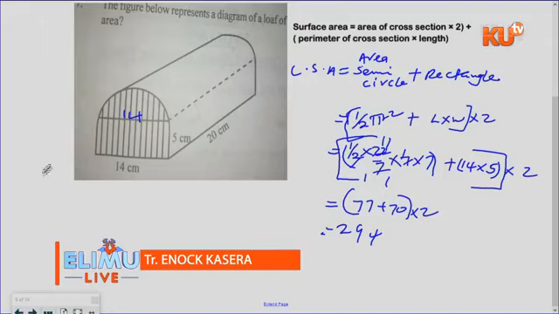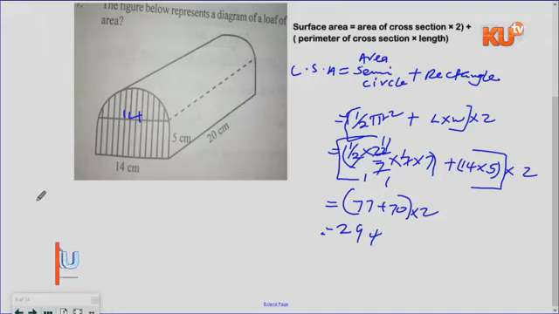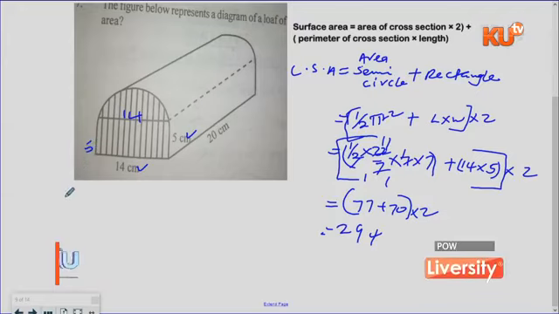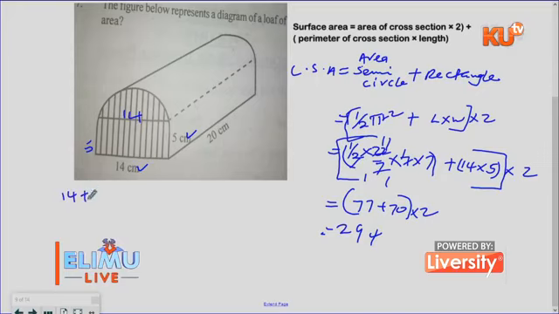So let's find the perimeter of the cross section. How do you find it? The perimeter of the cross section is made up of this part here. So we have the semicircle and we have the rectangle. So just add the lengths. We are going to add 14 plus 5. Remember there's also 5 here. So 14 plus 5 plus 5 is equivalent to 24.